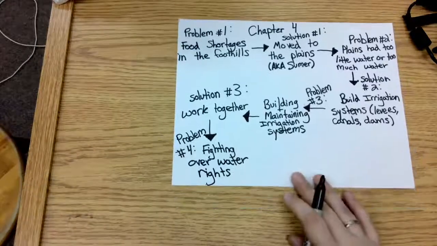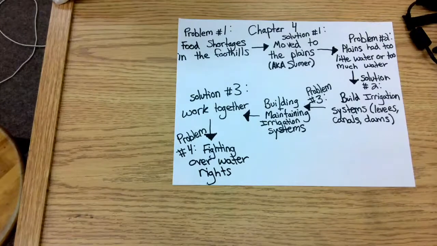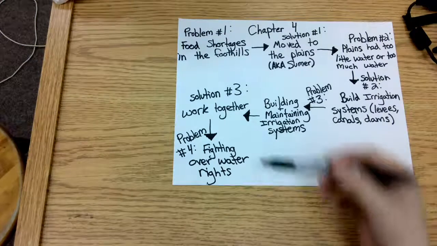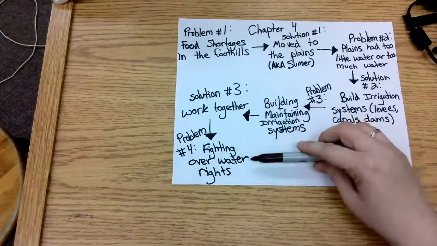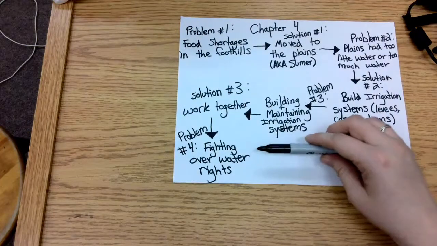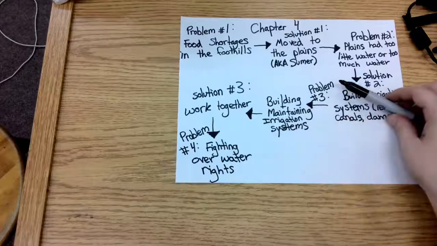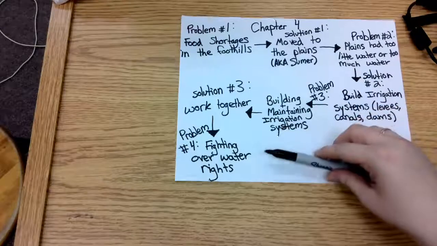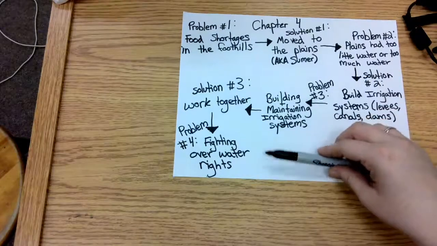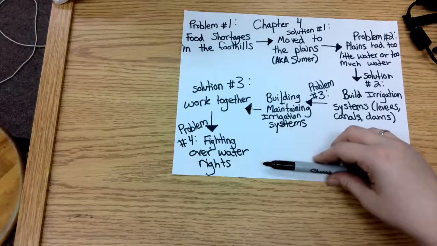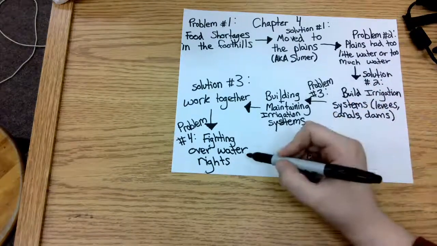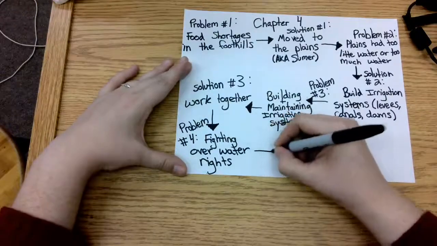When you're all trying to work together, sometimes agreeing on things can be pretty hard, especially when you need those things to survive. If it's between you and the next city, you're probably going to want your city to be the one that survives. You and your family want to survive, right? So they ended up fighting over water rights.